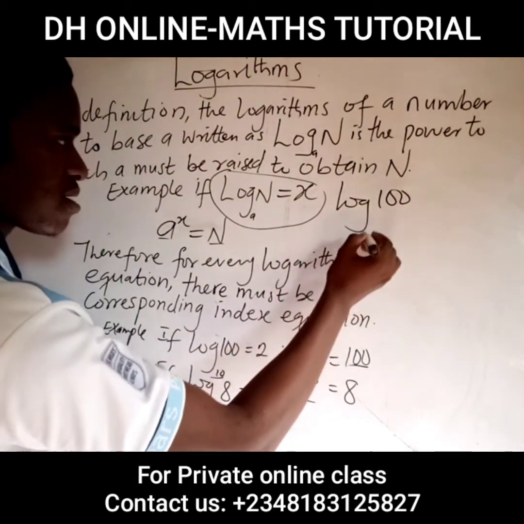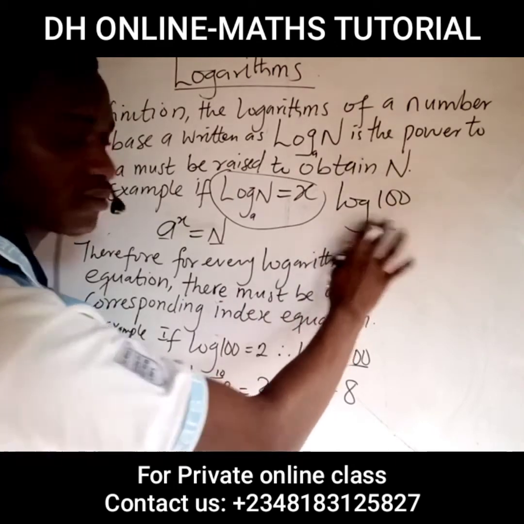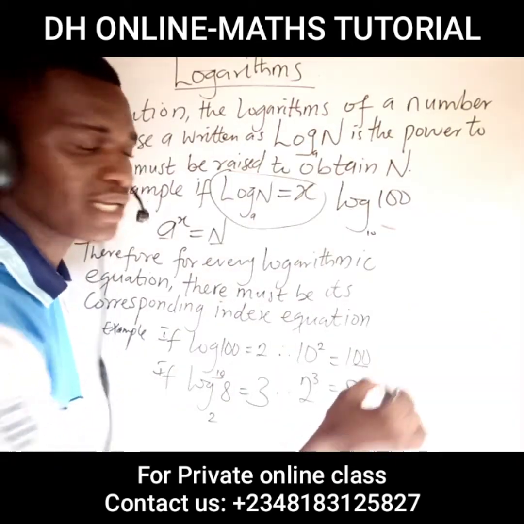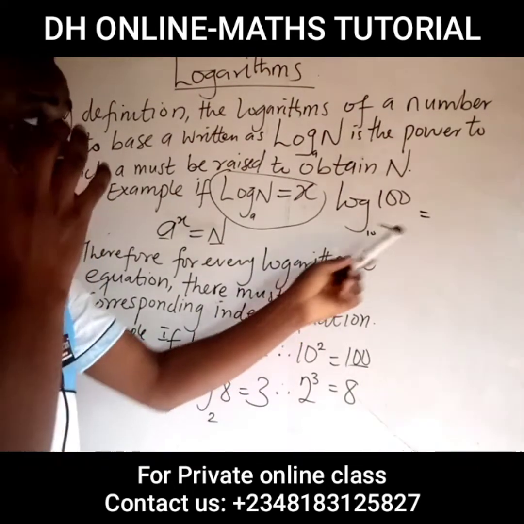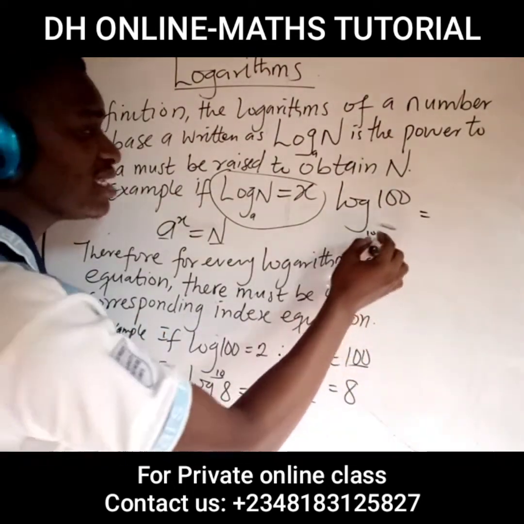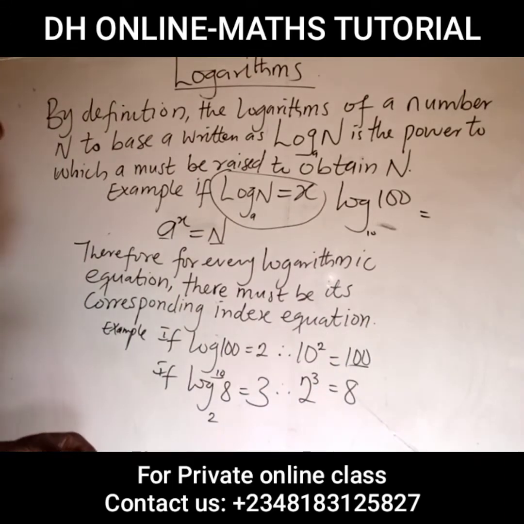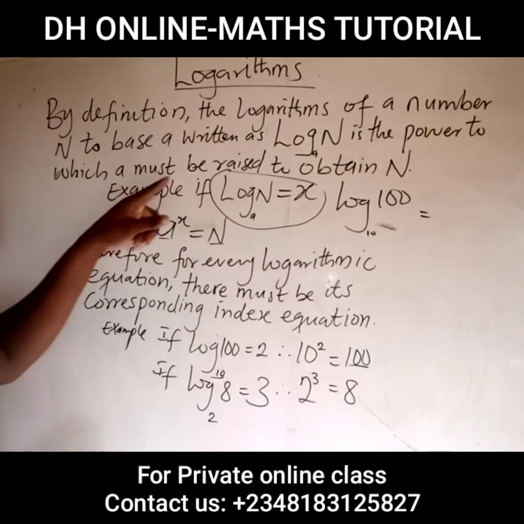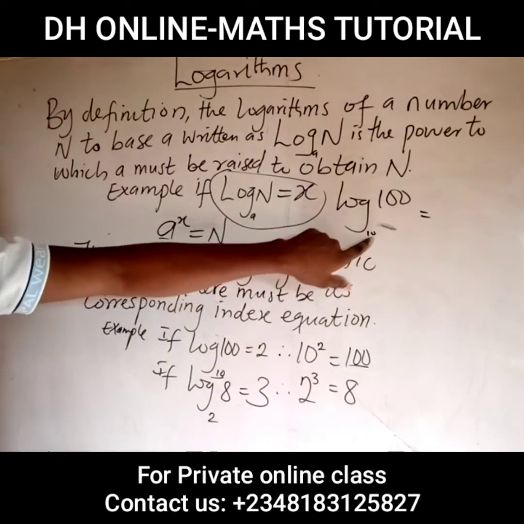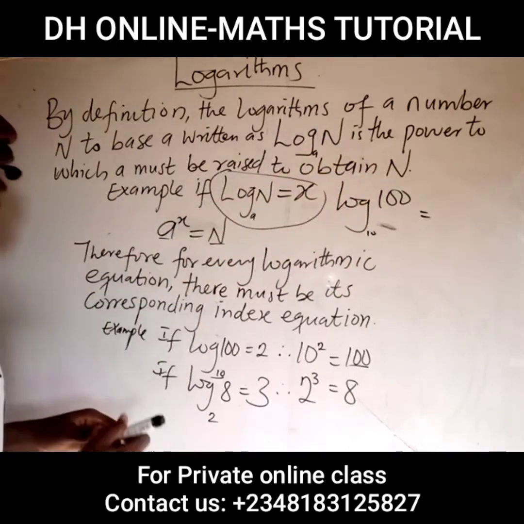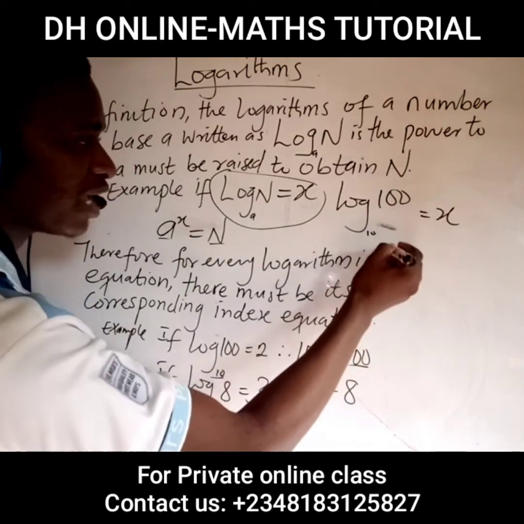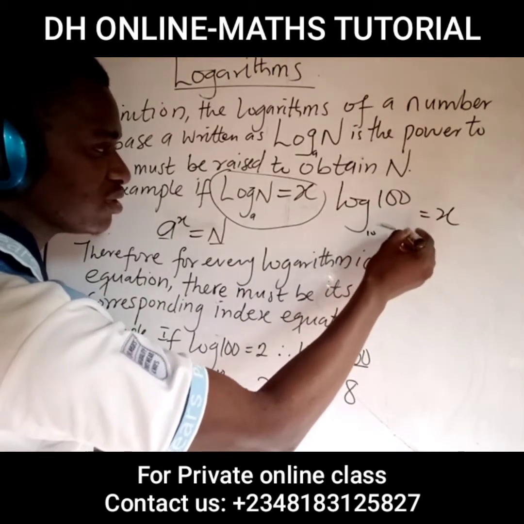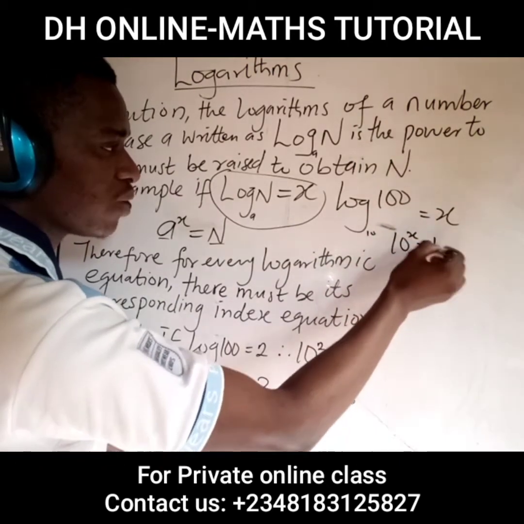Get it right. Now, if I say log 100 base 10, what do I do here? Since I don't know the number to which I must raise this 10, I'm going to say let that number be x. So the next thing I would say is 10 raised to power x is equal to 100.